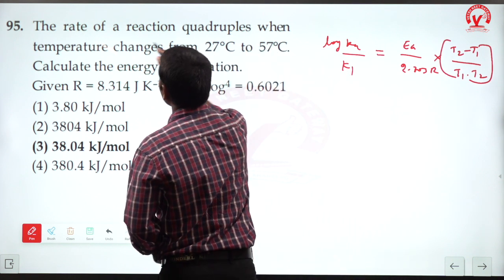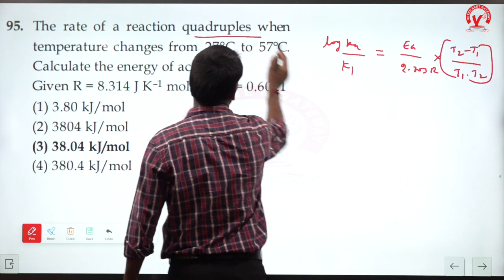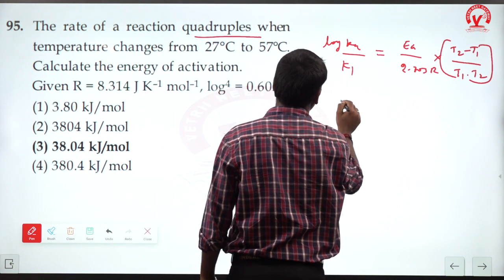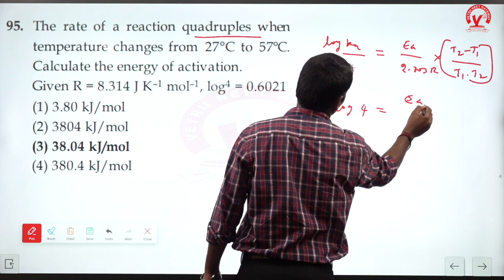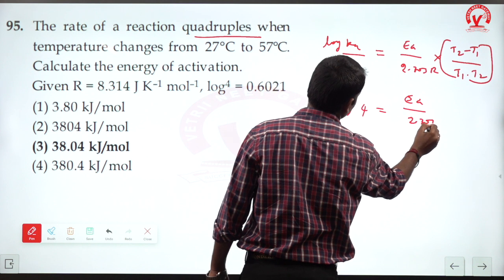So they gave here the rate of reaction quadruples. This value they give 4, that is log 4 is equal to Ea upon 2.303.